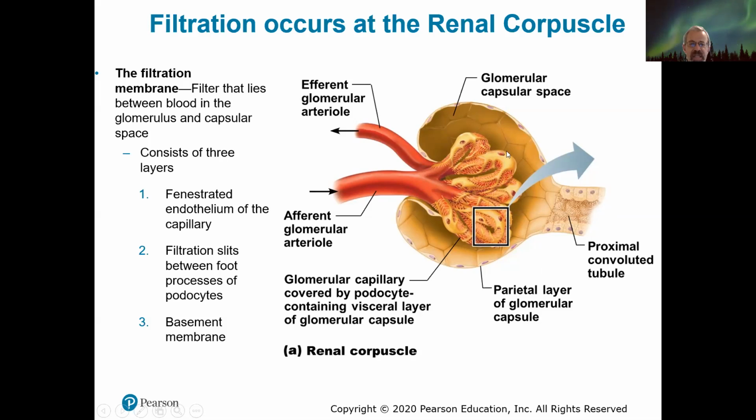First of all, you'll notice that we have this weird looking yellow spidery stuff covering the glomerulus. It doesn't look like a blood vessel. Well, that's because what you're looking at in yellow are specialized cells known as podocytes.